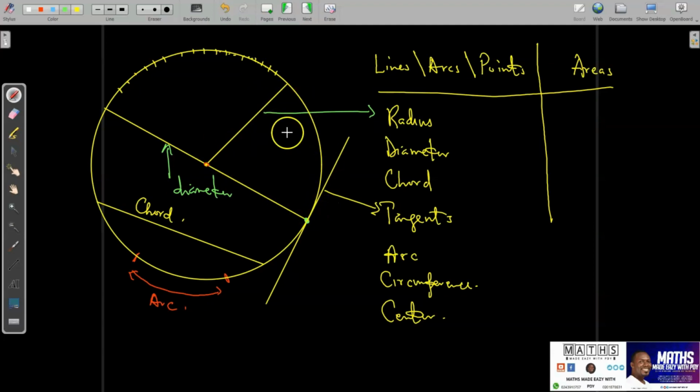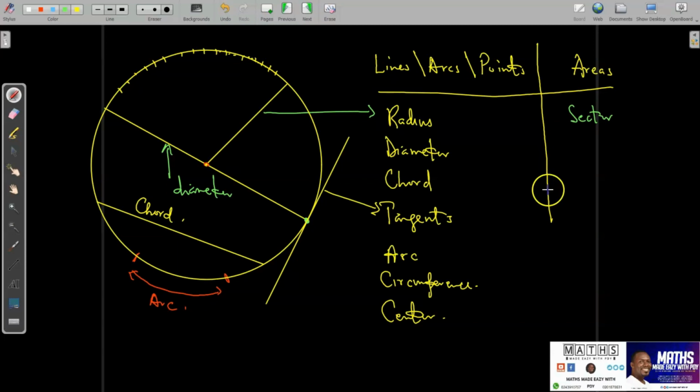This region created is known as a sector. So you can define a sector as a bounded region of two radii and an arc.